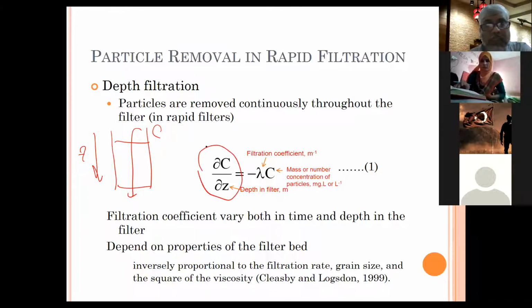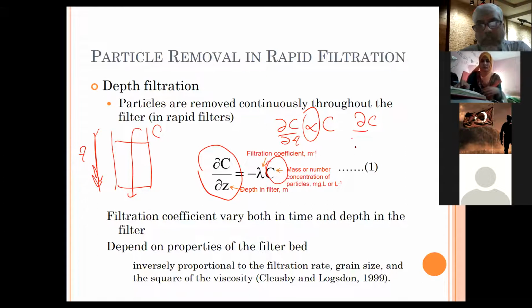The change of concentration of particles with depth is directly proportional to the concentration of particles itself. When we remove this proportionality, we can write the change of concentration with depth, and we have to have a negative sign here because the concentration is decreasing.